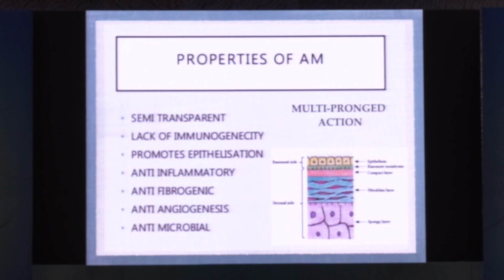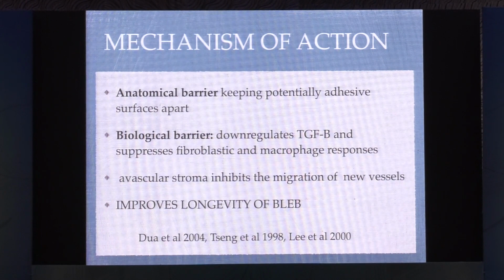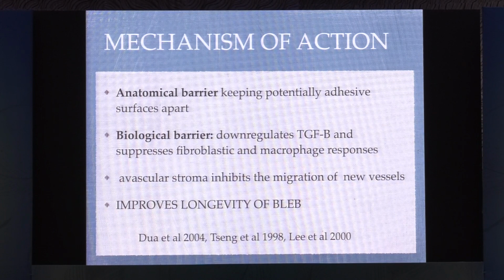The amniotic membrane is being used to augment the wound healing process, both by being an anatomical barrier, whereby it is keeping potentially adhesive surfaces apart, as well as being a biological barrier, where it is down-regulating TGF-beta and suppressing the fibroblastic and macrophage responses. On the whole, it has been found that it has improved the appearance of blebs and improved the longevity of the bleb.